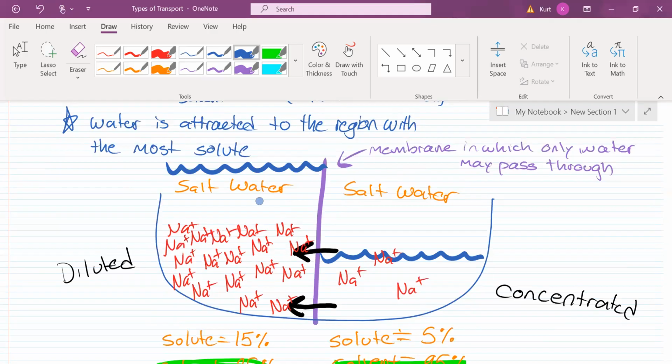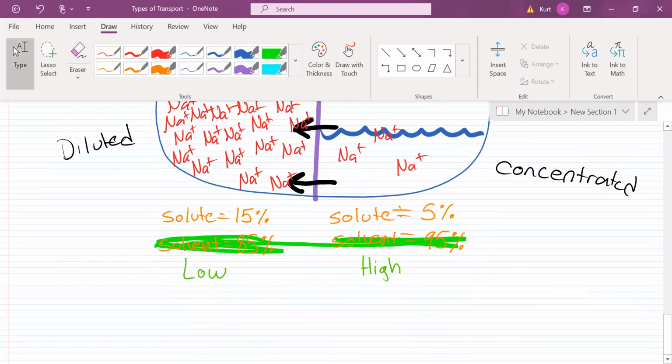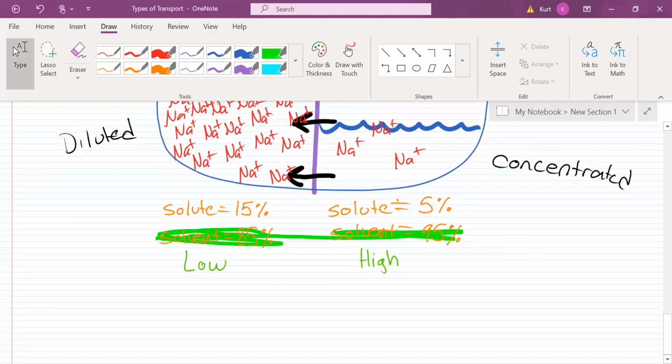The correct answer is it would start to dilute. And so you are decreasing the concentration of the solute in that bathtub. So by adding water to the left side here, we are decreasing the concentration of solute in the water. And by decreasing the water on the right side, we are increasing the concentration of the solute on the right side. I hope that makes sense.